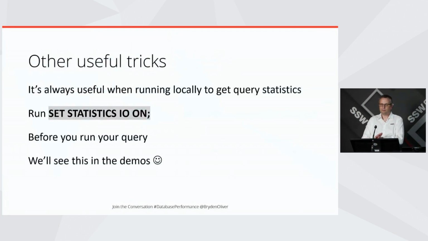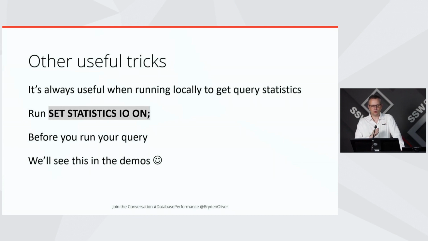Okay, and let's just cover a couple of other useful little tricks before we get into some demos. It's really useful when running locally to be able to get query statistics, particularly IO statistics, because that's the key thing you always seem to be trying to optimize on.